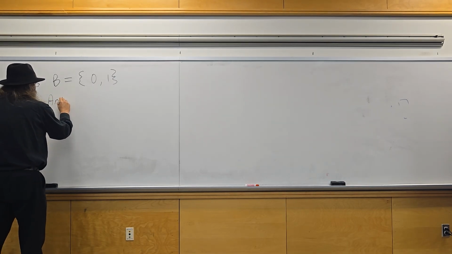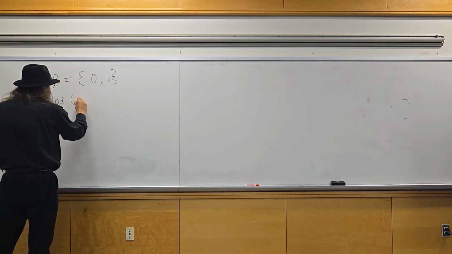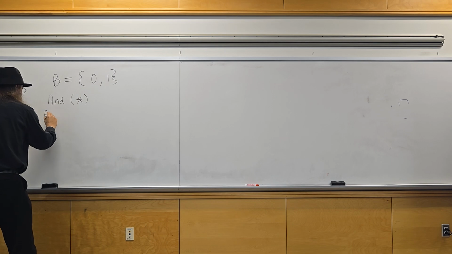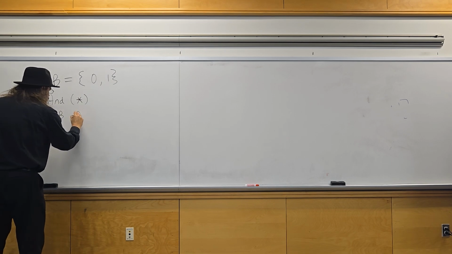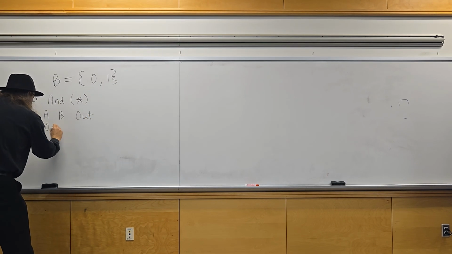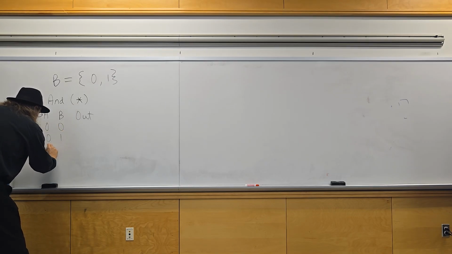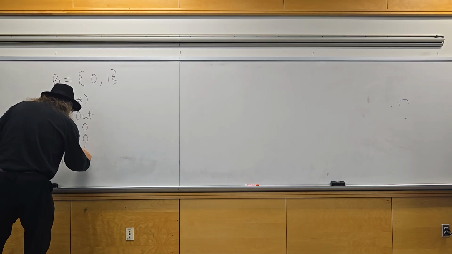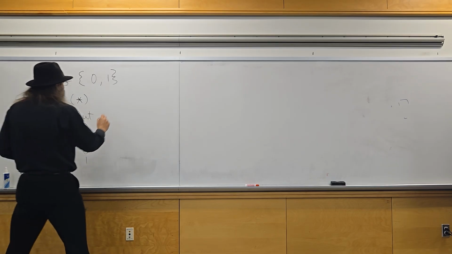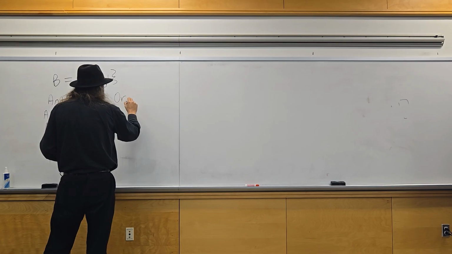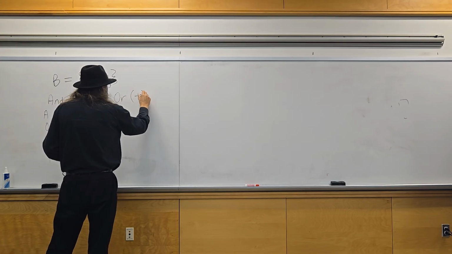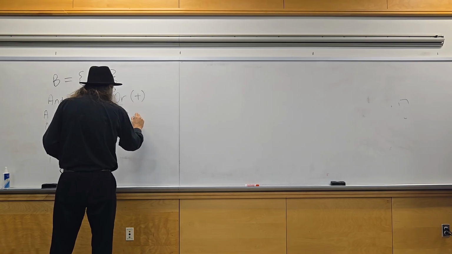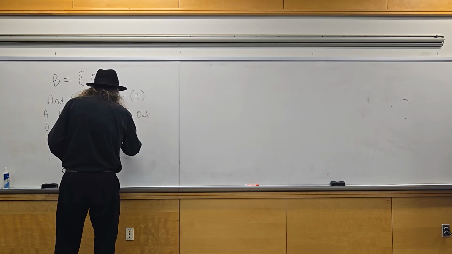Let's do a star, which is AND: A, B, out. And OR, this is a plus.